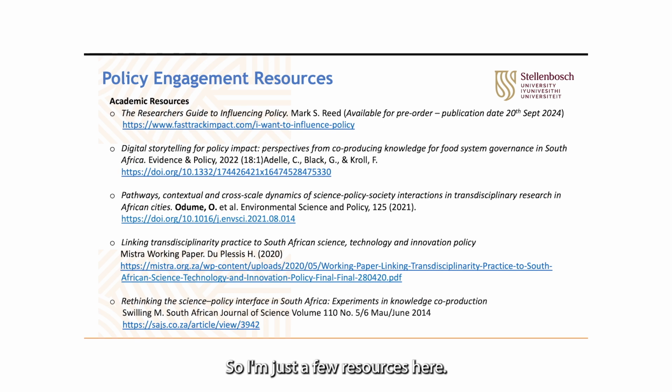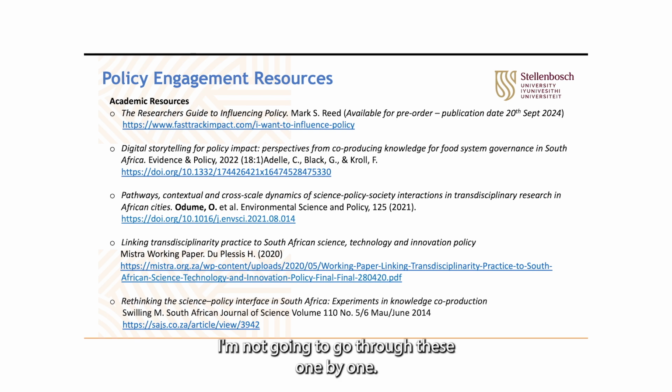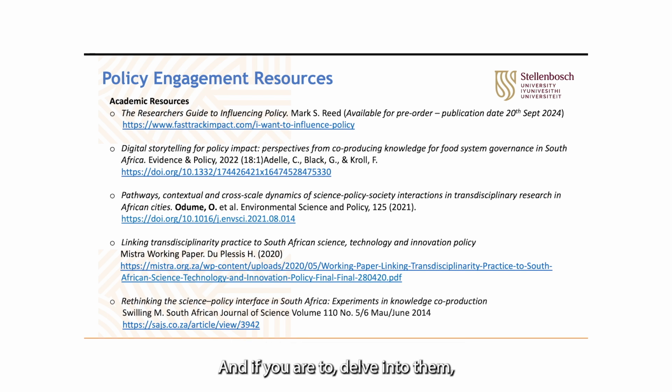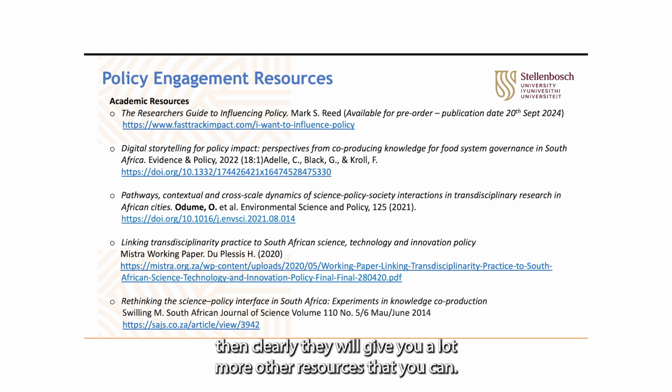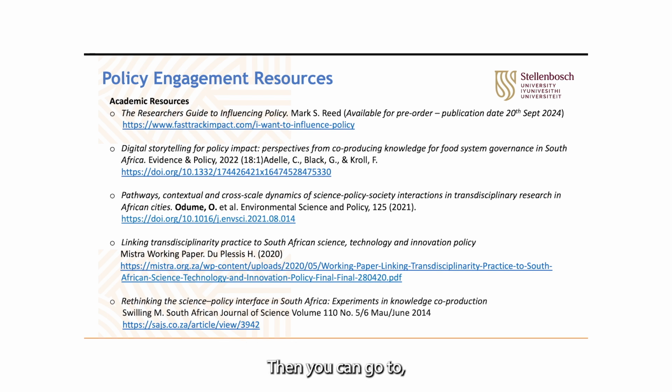So I'm showing just a few resources here. I'm not going to go through these one by one. I think these resources are all very much on topic, and if you delve into them, they will give you a lot more resources that you can go to.